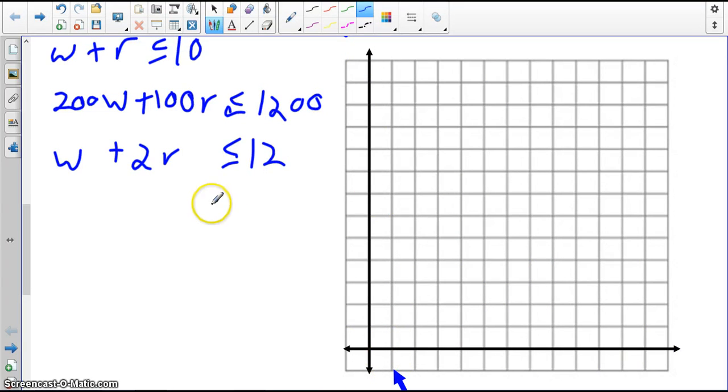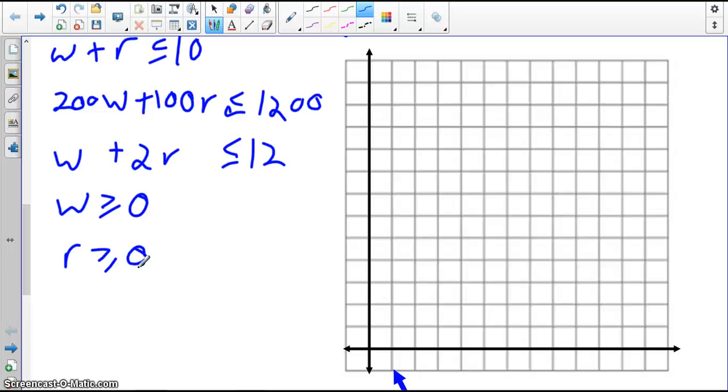Because there are 2 secret inequalities that are often there. You can't plant negative wheat. You can't plant negative rye. You maybe could do 0 of one or 0 of the other. So W has to be greater than or equal to 0, and R has to be greater than or equal to 0. Those are the implied inequalities.